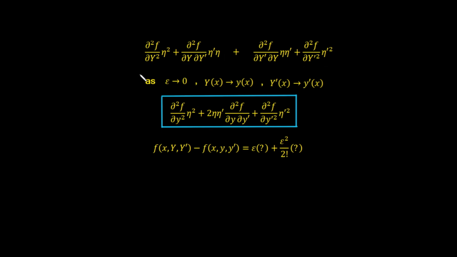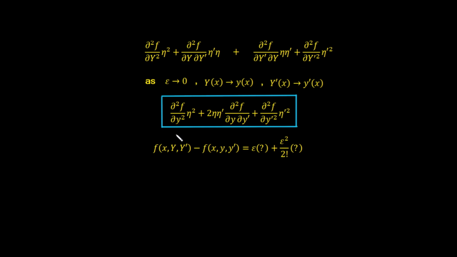So we're going to be left with this term here, which is this one, and we're going to have this term here, which is this one, and two of these terms, which is this term here. So this is what we've been working towards over the last half an hour or so.